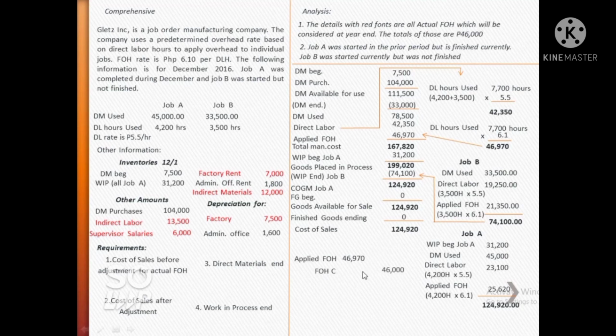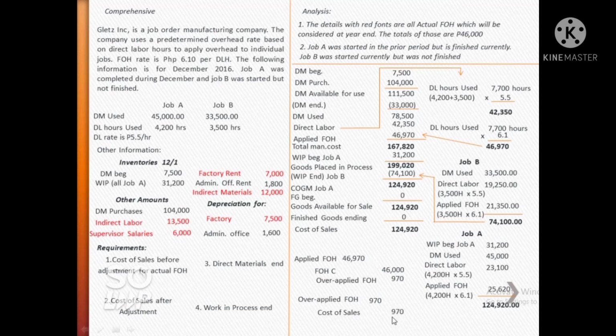Then there is an over application of 970. And since there is no mention on how to allocate this or how to close the over applied factory overhead, then we're going to use the method 3 that I have said on the last slide. So the over applied factory overhead will be debited to close it, and then you close it on the account, which is the cost of sales, 970.